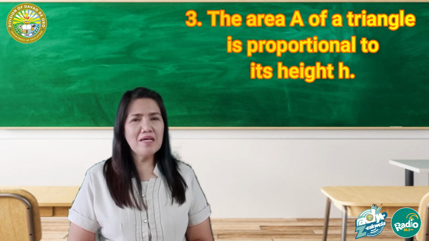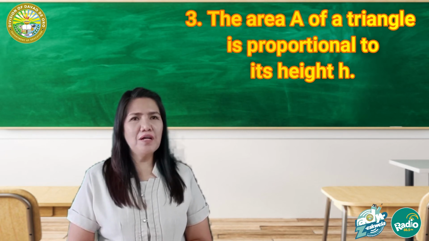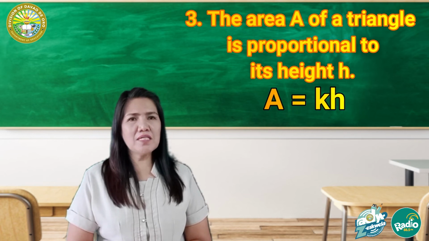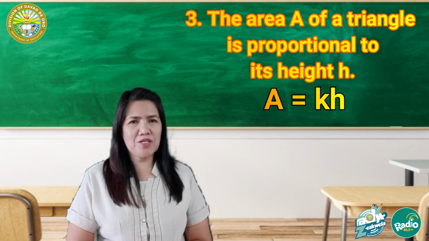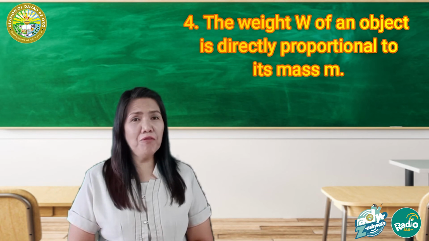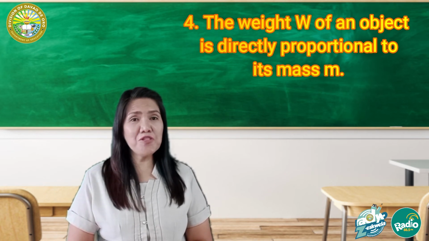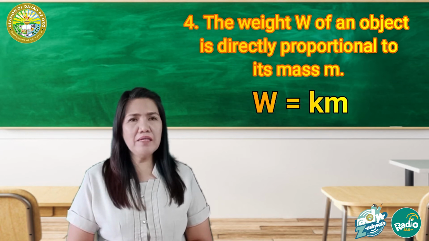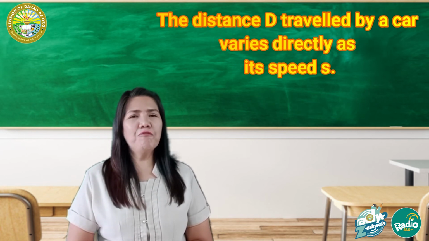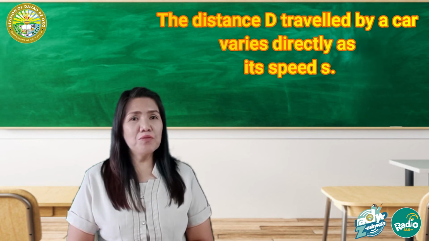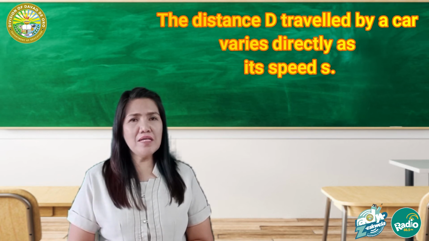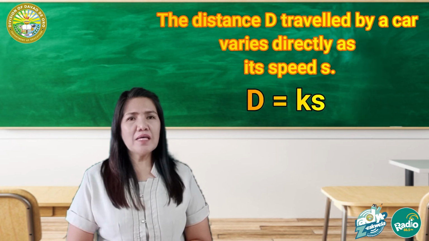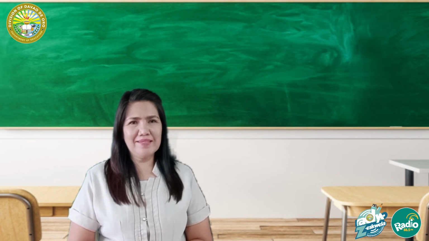For number 3, the correct answer is A equals KH. For number 4, the correct answer is W equals KM. And for number 5, the correct answer is D equals KS.